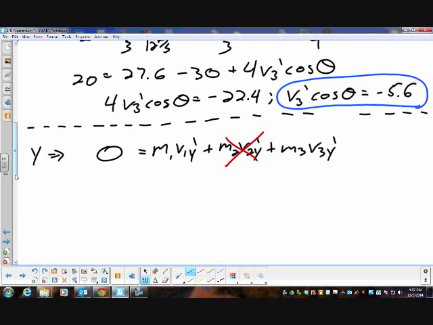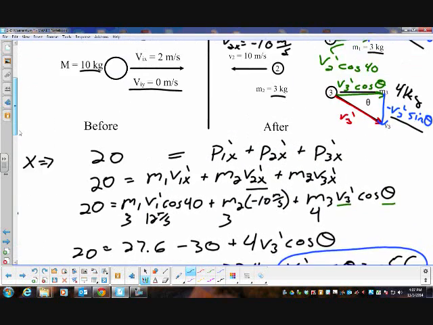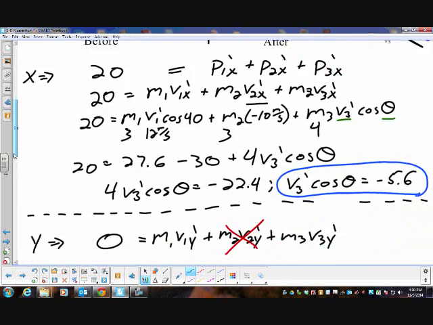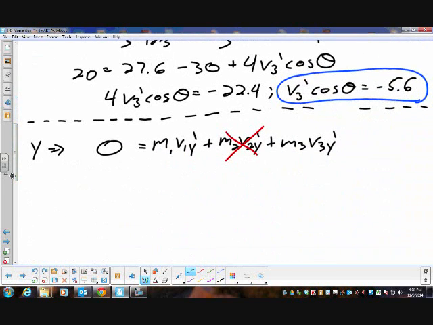So I've gotten the y velocities using these y velocities right here. I'm going to plug everything into my conservation of momentum in my y direction.